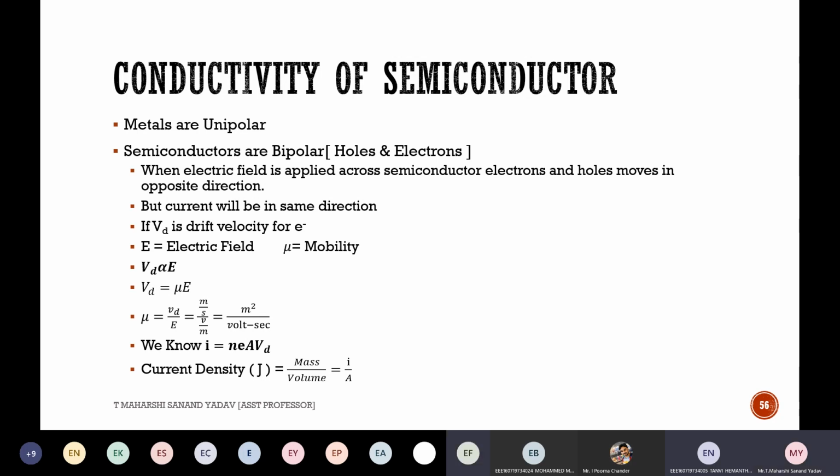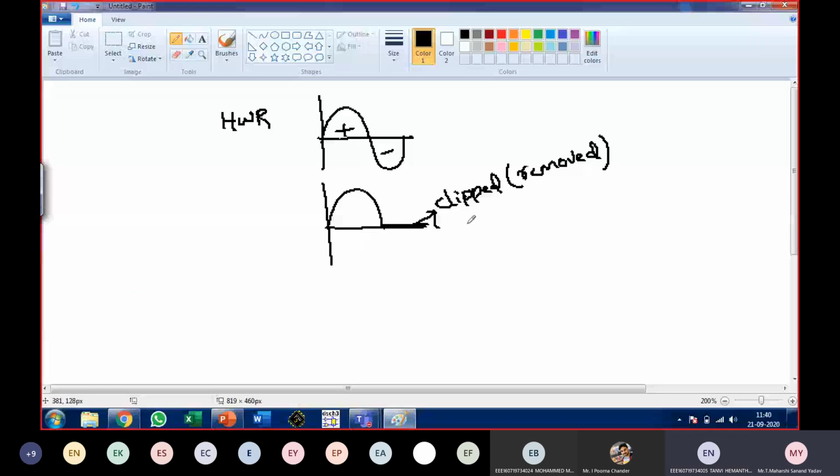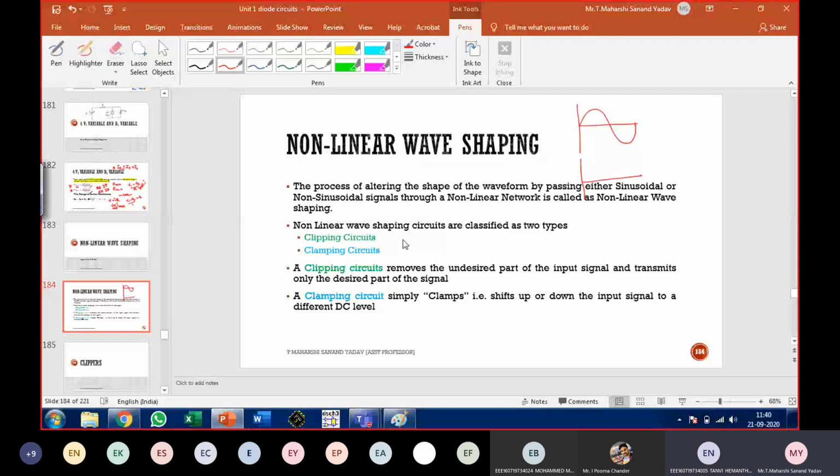Now the same concept comes under non-linear wave shaping. Wave shaping is nothing but shaping the waveform. There are 2 types. First one is the clipper, next one is the clamper. A clipper is used to remove, and a clamper is used to increase the DC voltage levels. You can see it here. A clipping circuit removes the undesired part of the input signal and transmits only the desired part.